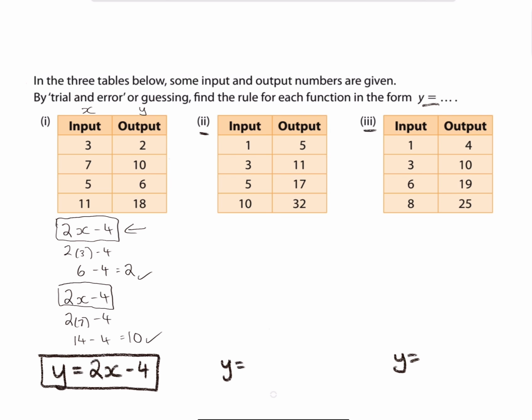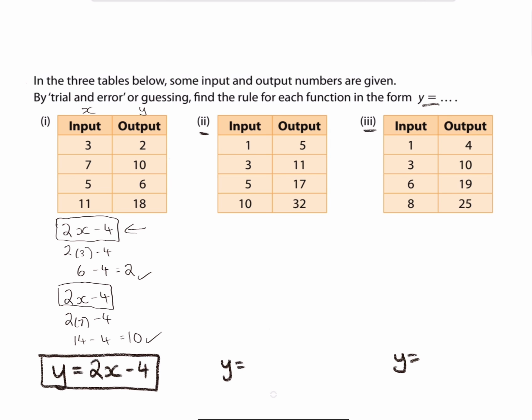And again, it's just figuring out by trial and error. And I always start low. I start by multiplying it by 2 or 3 or 4, and then either subtracting or adding or dividing maybe. I doubt it'll be dividing, but have a go at number 2 and 3 and see if you can get it done.